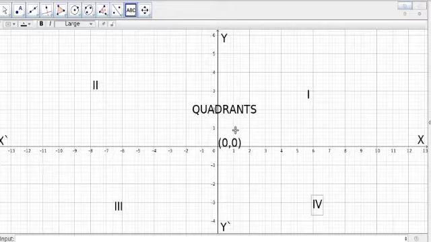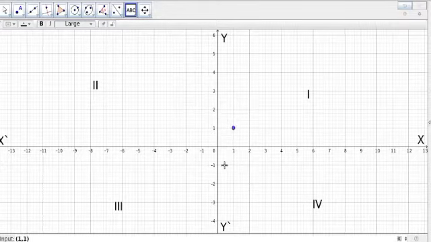First we write the x coordinate, then we write the y coordinate. For example, this blue point is a point in the first quadrant, and the position of this point is (1, 1). We normally write the x coordinate first, then the y coordinate, right?